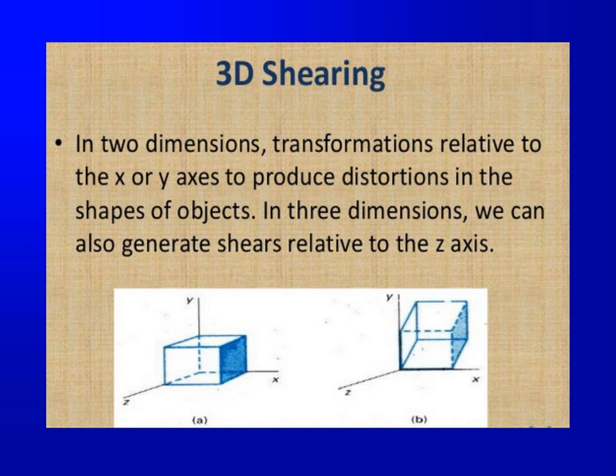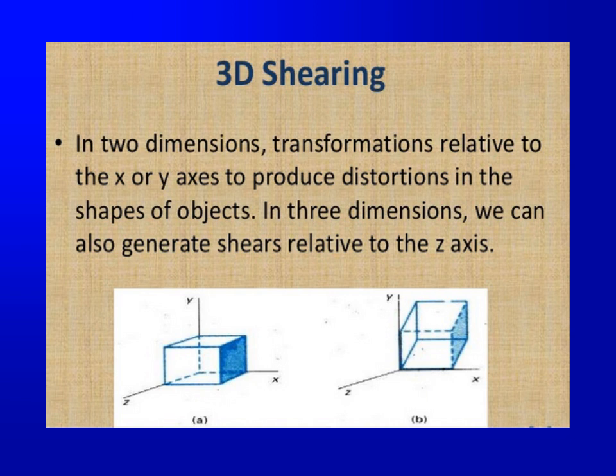Now see the shearing. Basically, shearing means slanting the image, right? In two dimensions, the transformation relative to the x and y axes produces a distortion in the shape of the object, right? In three dimensions we can also generate shears relative to the x-axis.